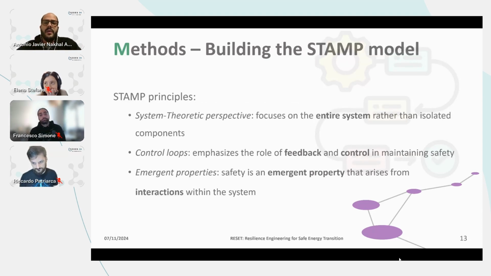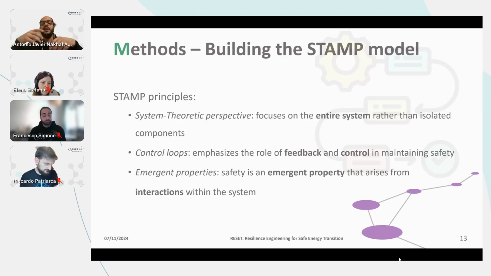Now, quickly, how does the STAMP model work? We have three main characteristics. It is a systems-theoretic perspective, so the STAMP model studies the entire, whole system, and we define a control volume, and then we study all the interactions inside this control volume.